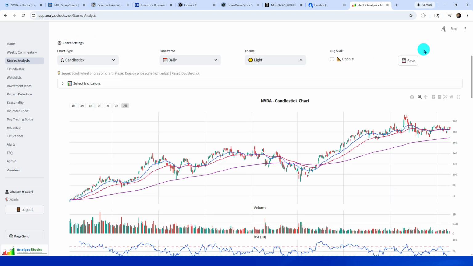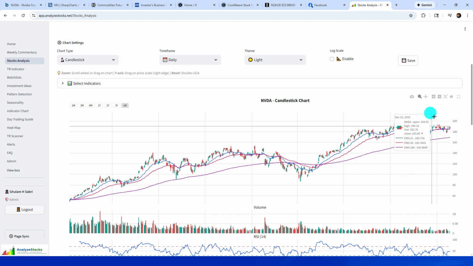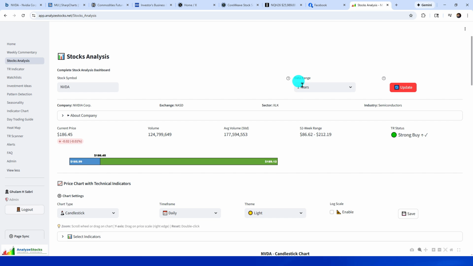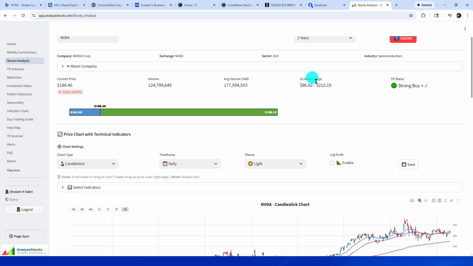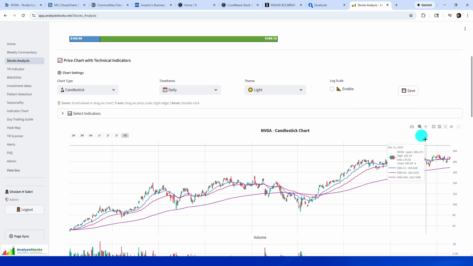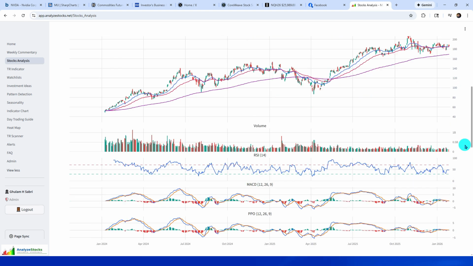I just switched from OHLC, open, high, low, close bars to candlestick bars. You can change the y-axis from the normal scale to the log scale, and you can select anywhere between 1 month to 3 years, or if you have chosen over here more than 2 years, 3 or 5 years, then you can have up to 5 years of data displayed here.